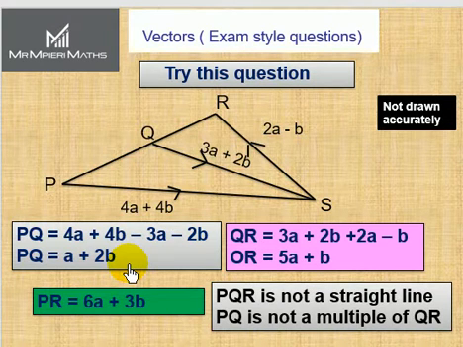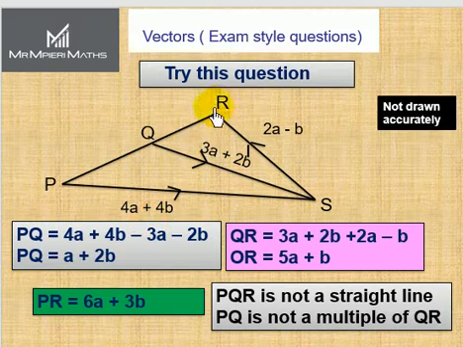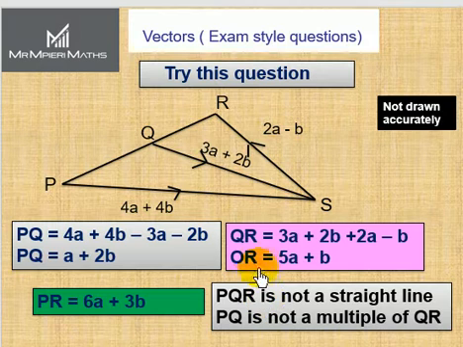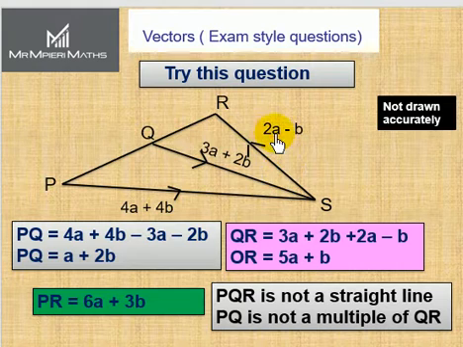Now we need to find QR. Again, we can go this way, QS plus SR. If you do that, you have 3a plus 2b plus 2a minus b. Tidy this up: 3a plus 2a gives you 5a, 2b minus b gives you b.